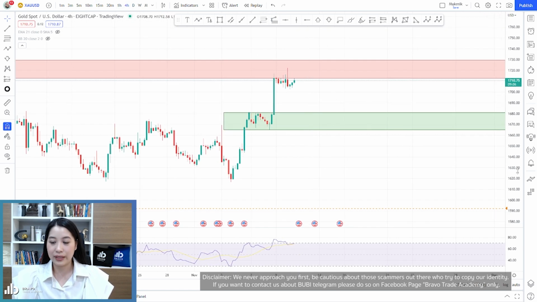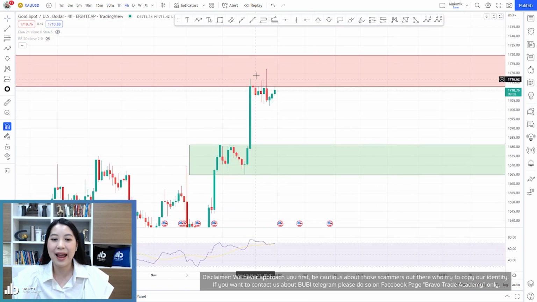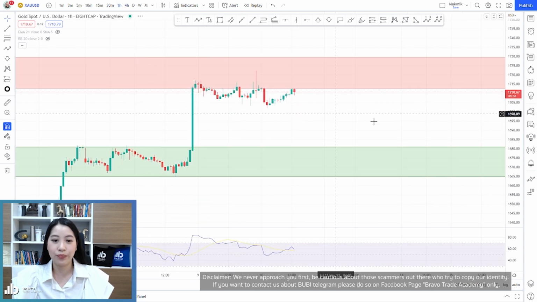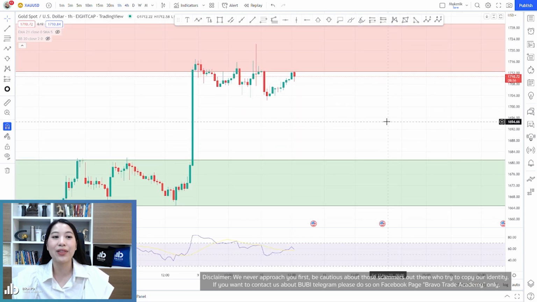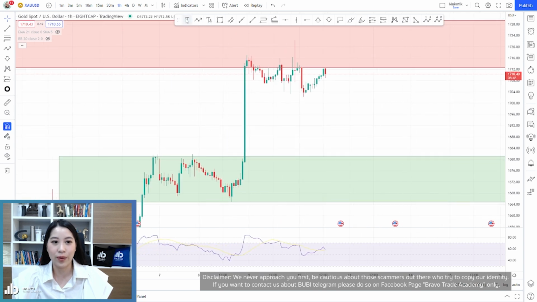For the 4 hour time frame, we don't have any clear picture. In the 1 hour time frame, we have a very clear picture, and it is going to be our plan for today.